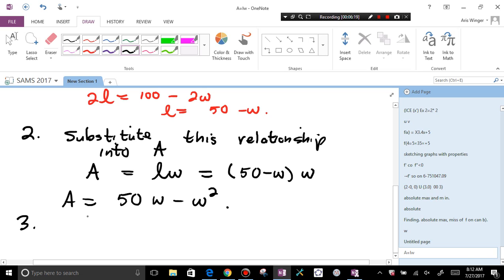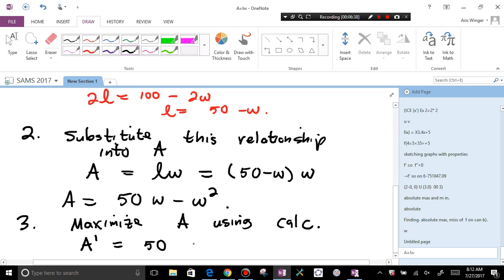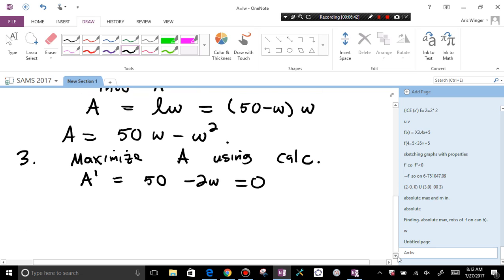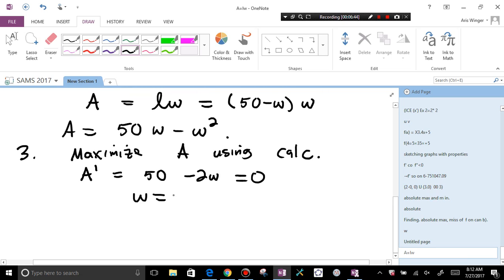Now that we've written A as a function of W alone, then we maximize A using calc. Here we could use algebra, as this is a quadratic, and use the vertex, but it's also a polynomial, and so it's pretty straightforward to take this derivative, set it equal to 0 and solve. W is 25.